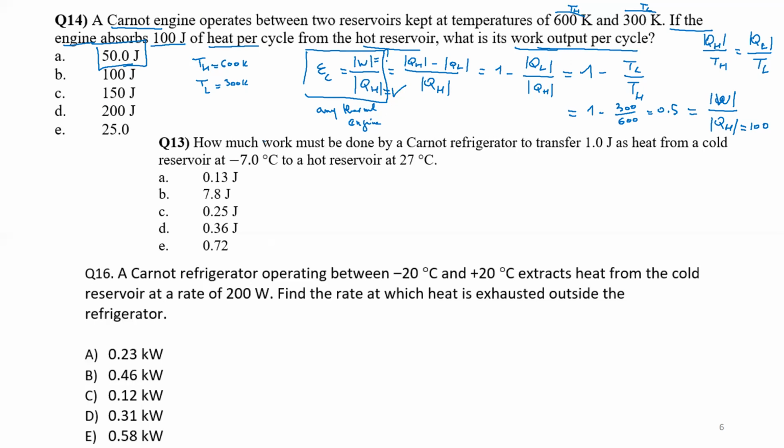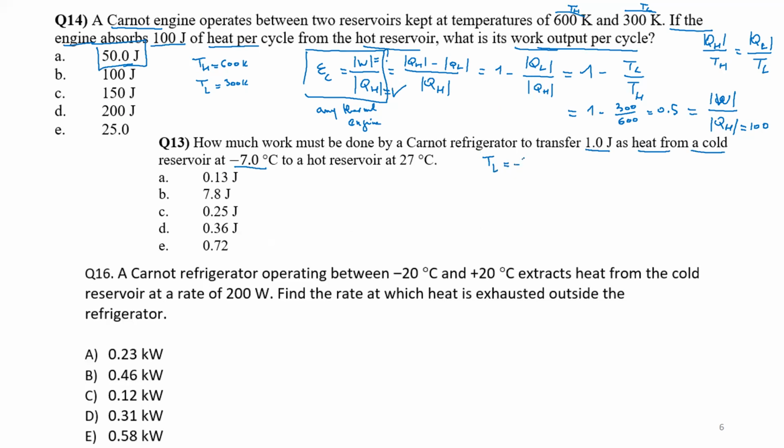Second problem. How much work must be done by a Carnot refrigerator to transfer 1 joule as heat from a cold reservoir at -7 degrees Celsius to a hot reservoir at 27 degrees Celsius? So I know TL.